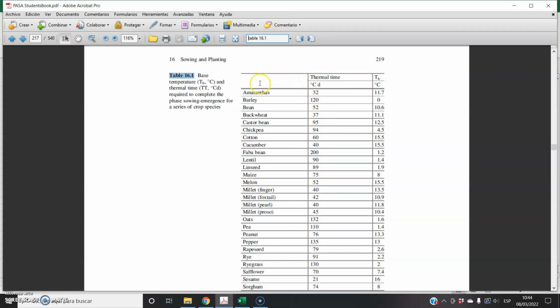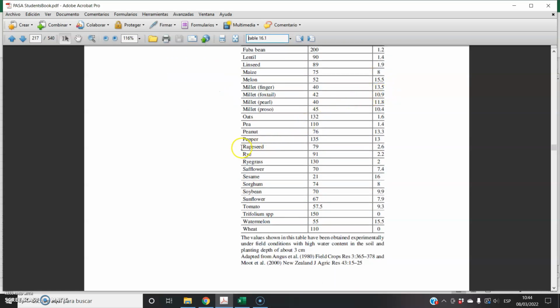Once again, in this table you have a list of crops. Here you have the thermal time required for completing the period between sowing and emergence, and in the right column you have typical values of base temperature for these crops. If we look for rapeseed, we find that the base temperature is 2.6 degrees.